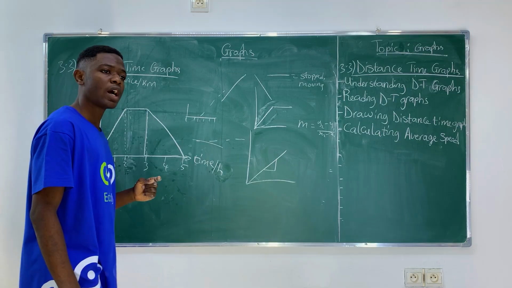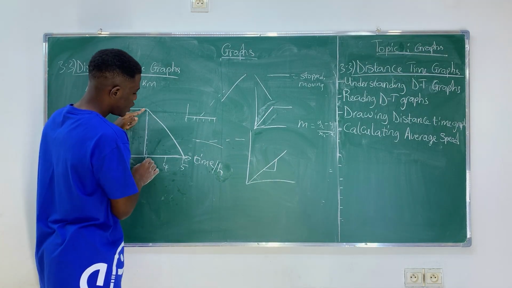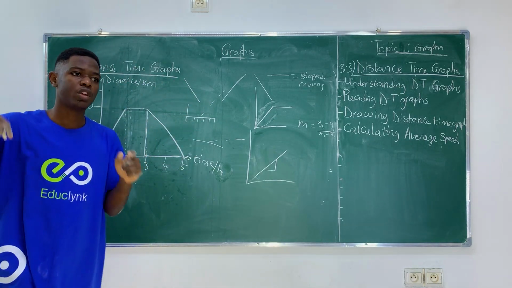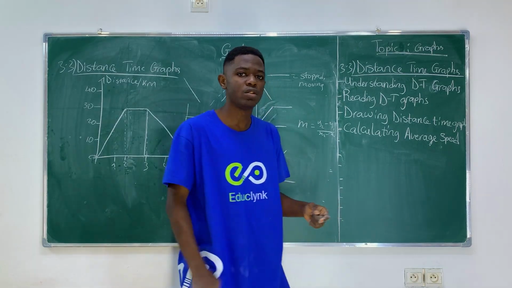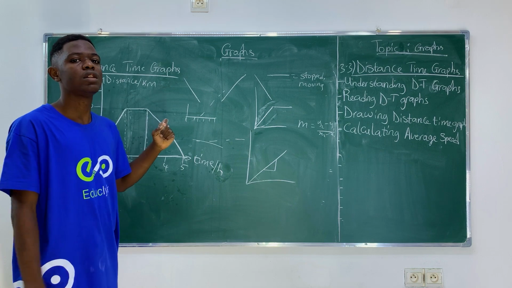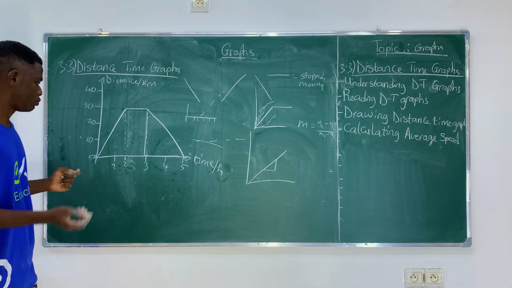And then the car returns back to the origin from the third to the 5th hour. Remember, when it's like this, it means it returns back with a constant speed because it is still a straight line. So here I've just described the motion.